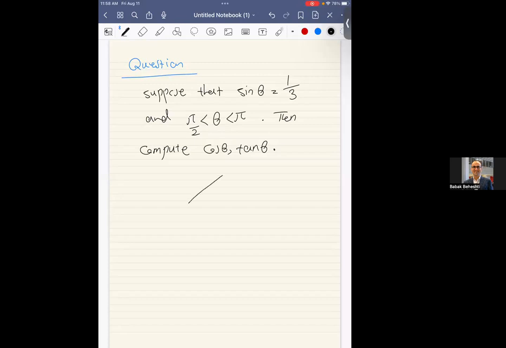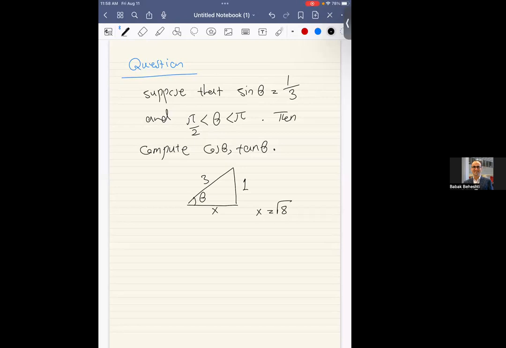You just have to figure out what x is. That's right. So x is, again, square root 8. But what is cosine theta?